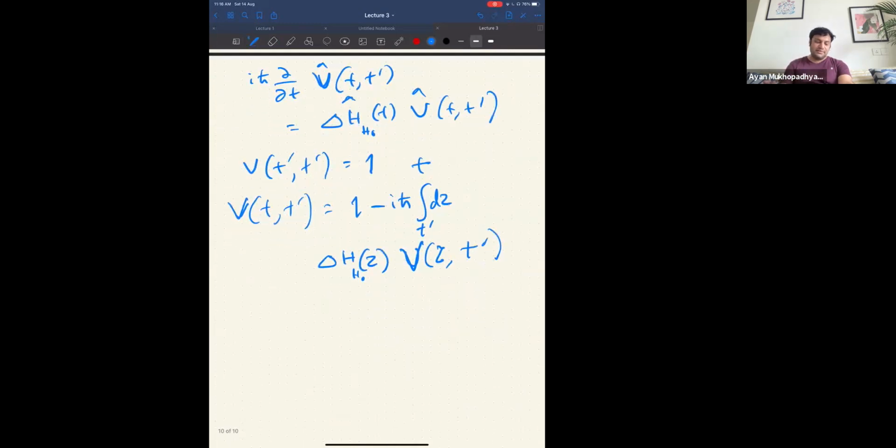And now using a very similar trick, you just follow the same derivation that I did earlier to compute the time evolution operator.